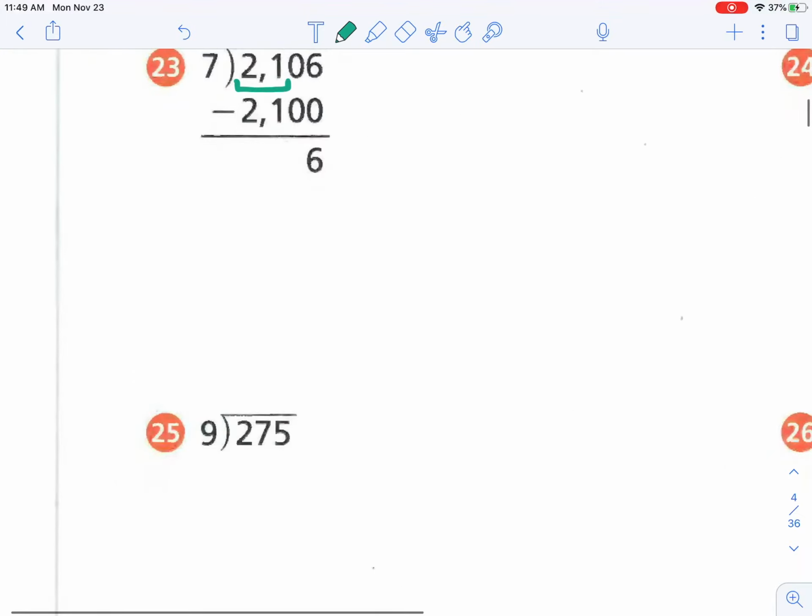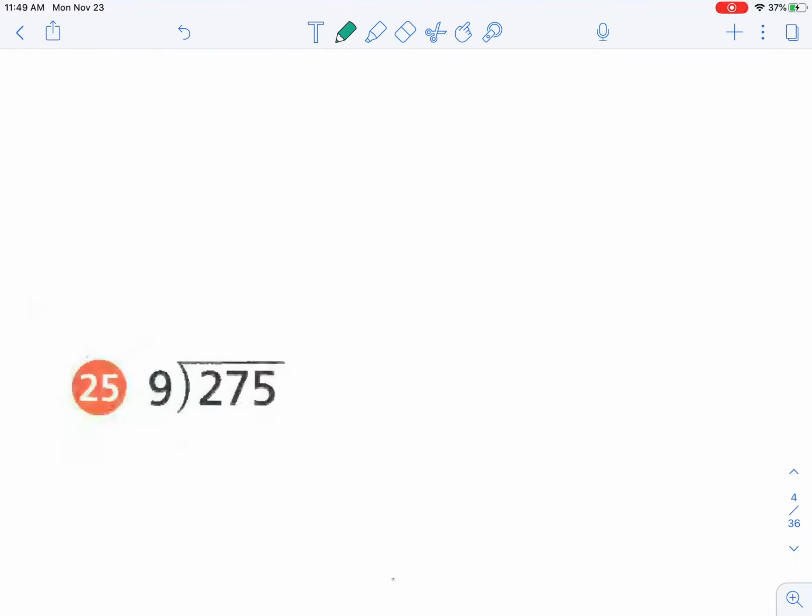Let's look at another one together. 275 divided by 9. Let's get rid of the ones and give myself a 0 here. What if I made 275 270?